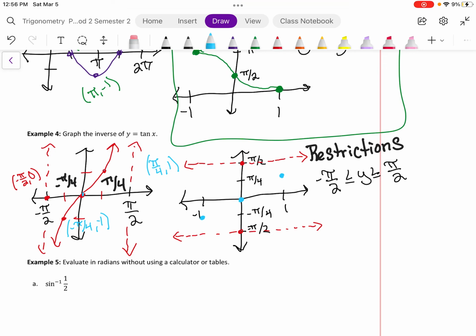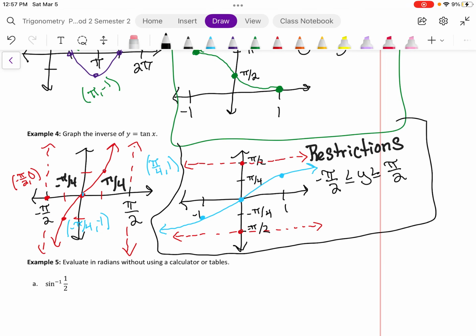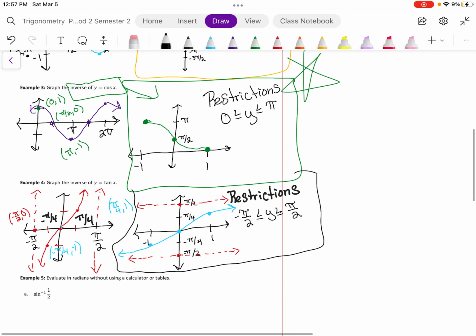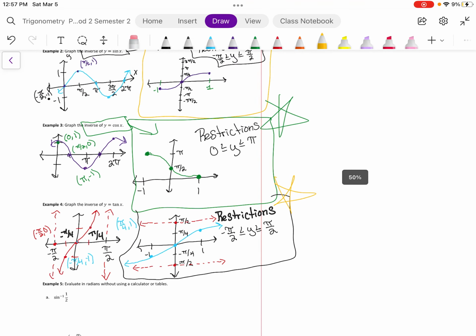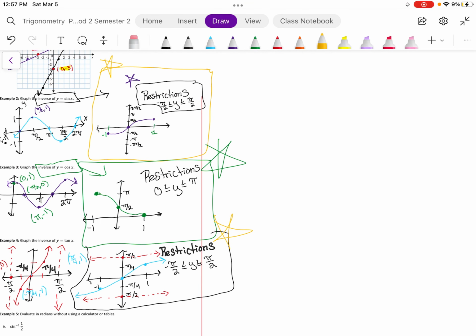And that gives us what we need for our graph. Our restrictions for this one, again, are from negative pi over 2 to pi over 2. And just like the last two, this is something you need to have memorized. So these three inverse functions, the graphs and the restrictions, you will need to know for tests.